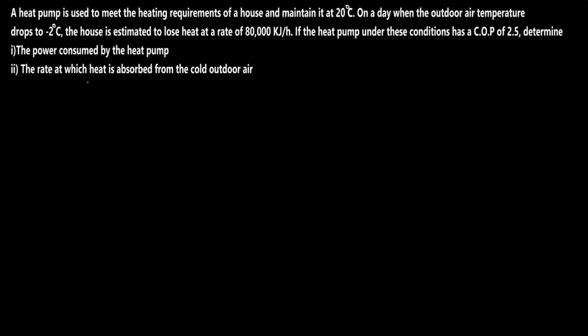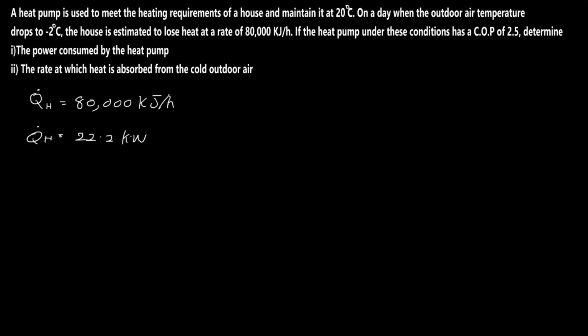If the house loses 80,000 kilojoules of heat per hour, then to maintain its temperature, the heat pump has to supply 80,000 kilojoules per hour to the house. So the rate of heat supply, Q̇H, equals 80,000 kilojoules per hour. To convert this to kilowatts, we divide by 3,600, and we obtain 22.2 kilowatts.